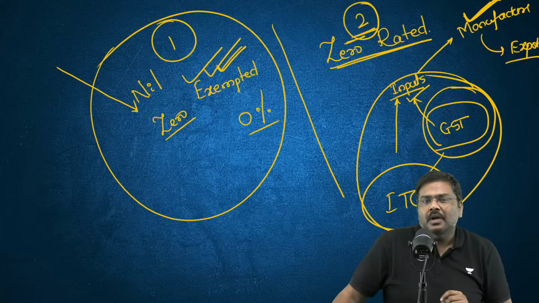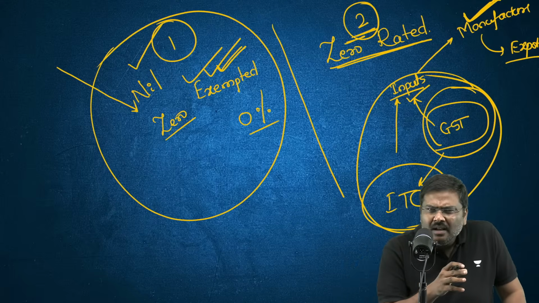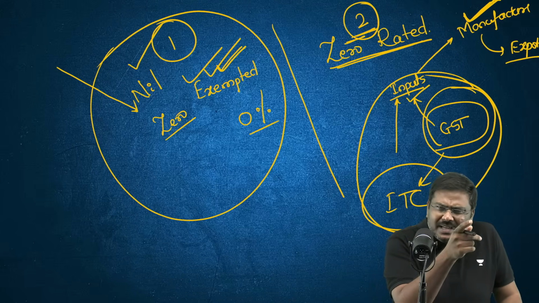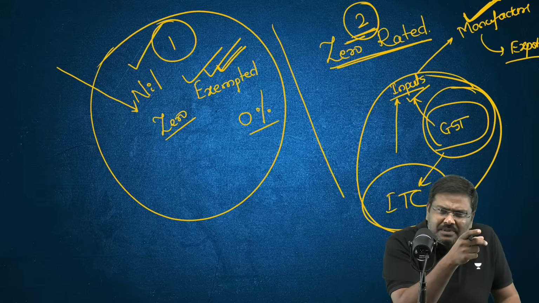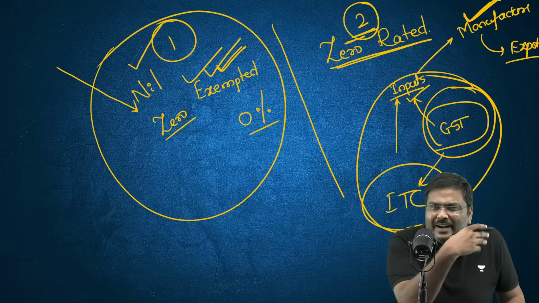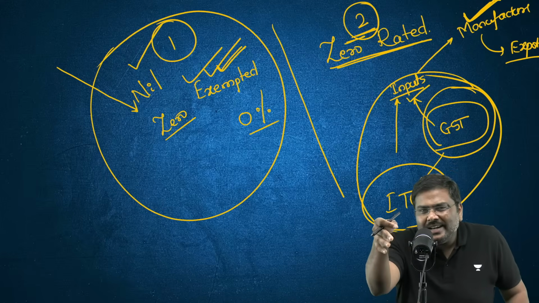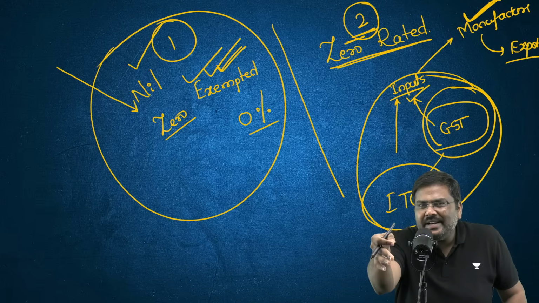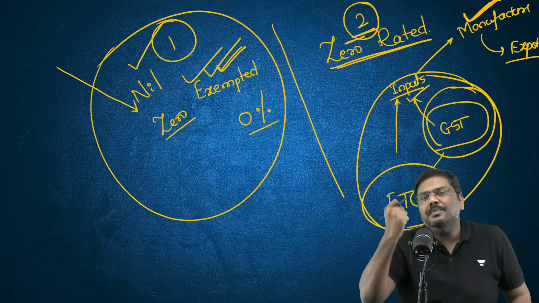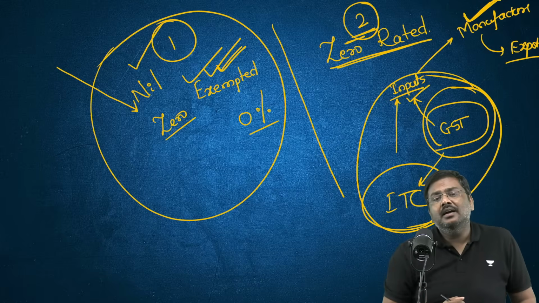Tell me now, in case of insurance companies, as the government said, when I exempt the insurance sales that you do, I will provide you input tax credit. Has the government of India stated that? Has the finance minister stated that anywhere? Show me in which article it has been stated.